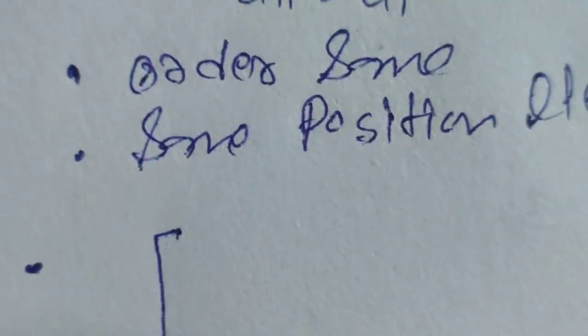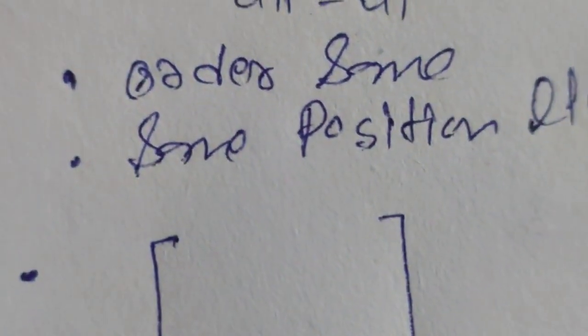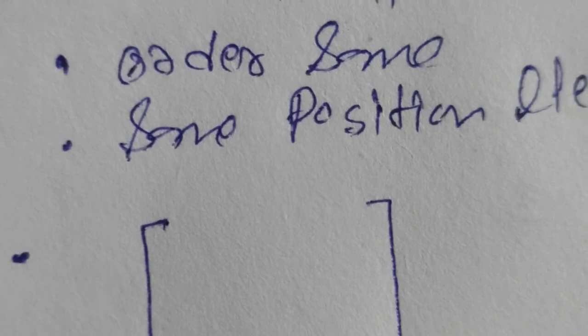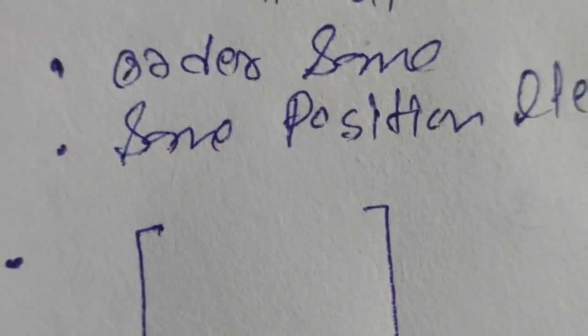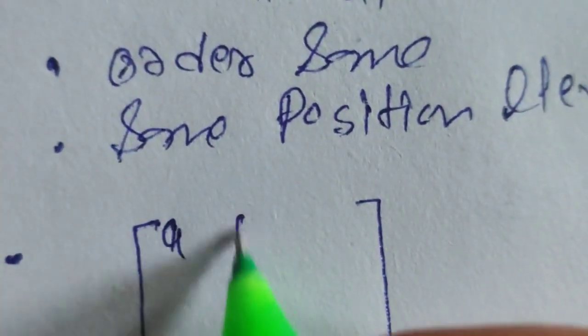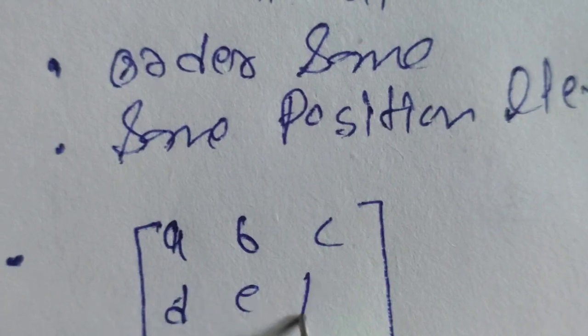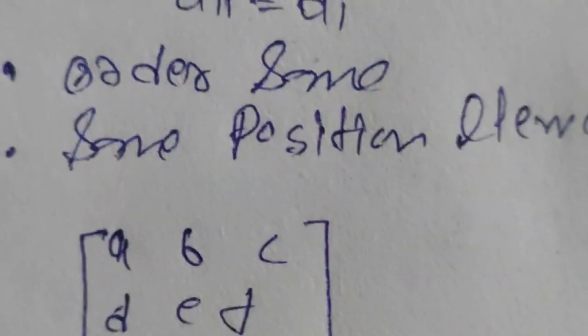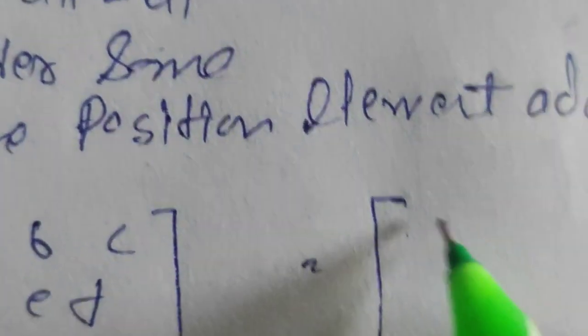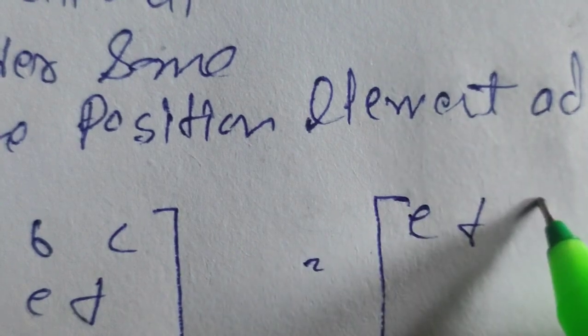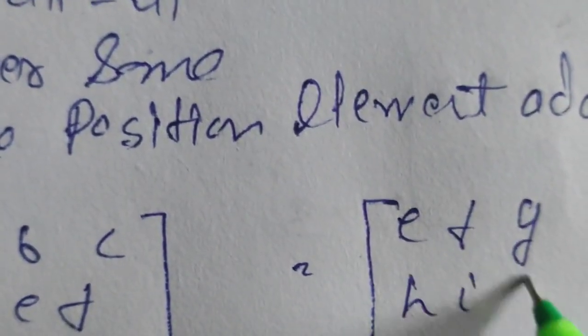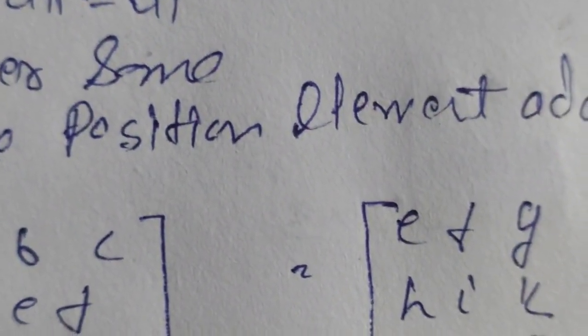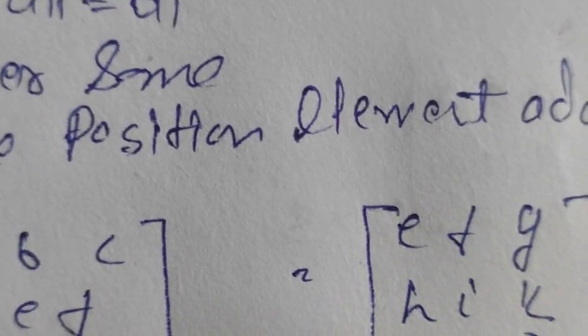For example, let's say this was our matrix of 3 cross 3. This is A B C, D E F, 1 2 3, and the same thing is E F Z, H I K, and 6 7 8, again 3 by 3.